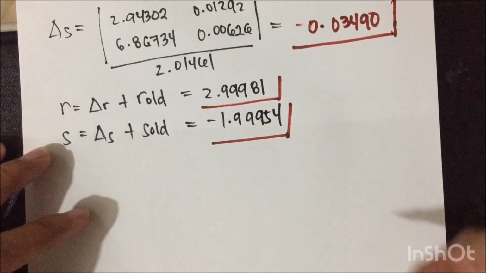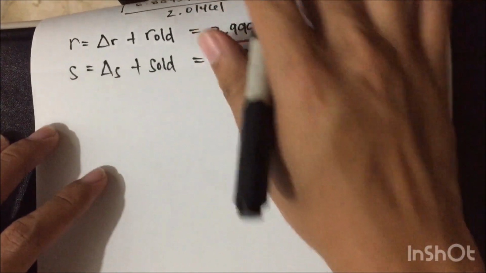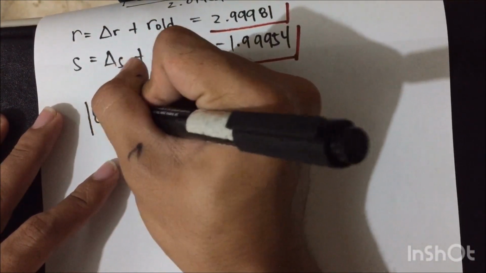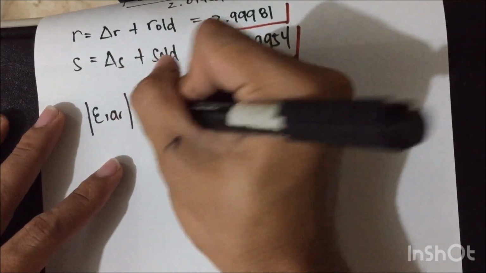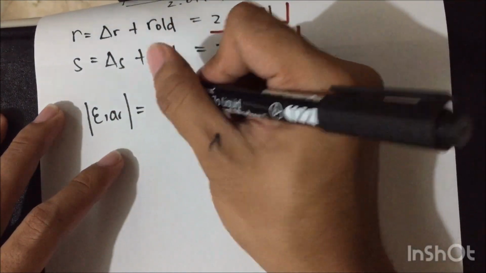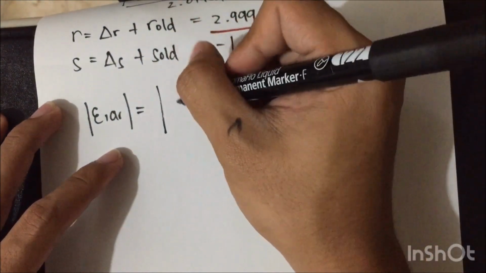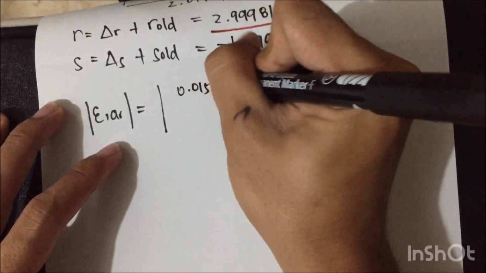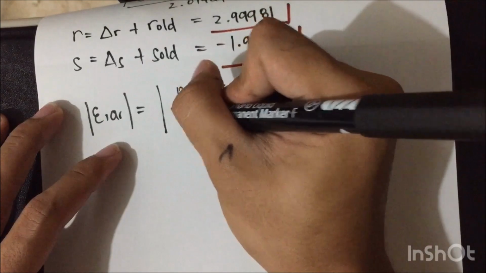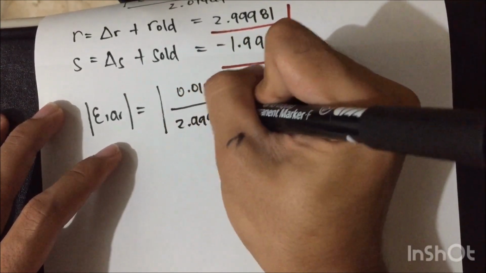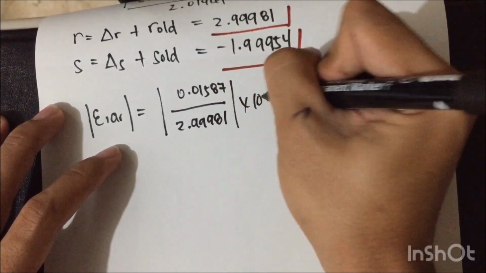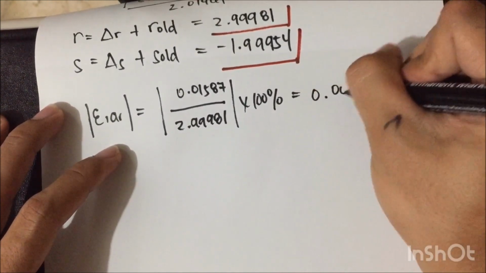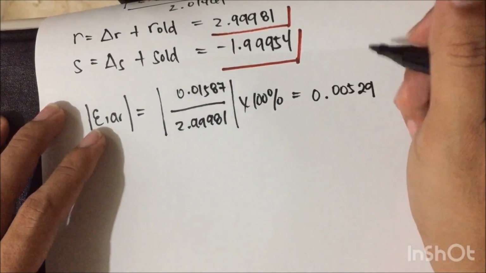So again, prove natin siya. Yung ating delta R, para sa ating R, delta R 0.01587 over bago nating R, which is 2.9981 times 100%, which we have 0.00529.